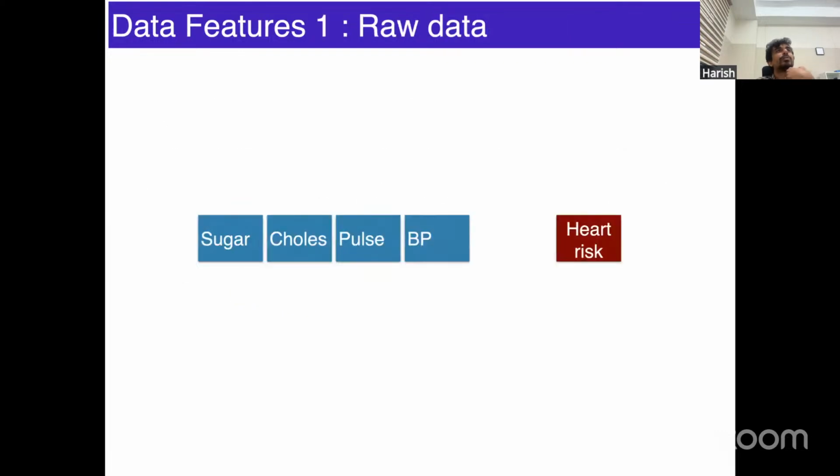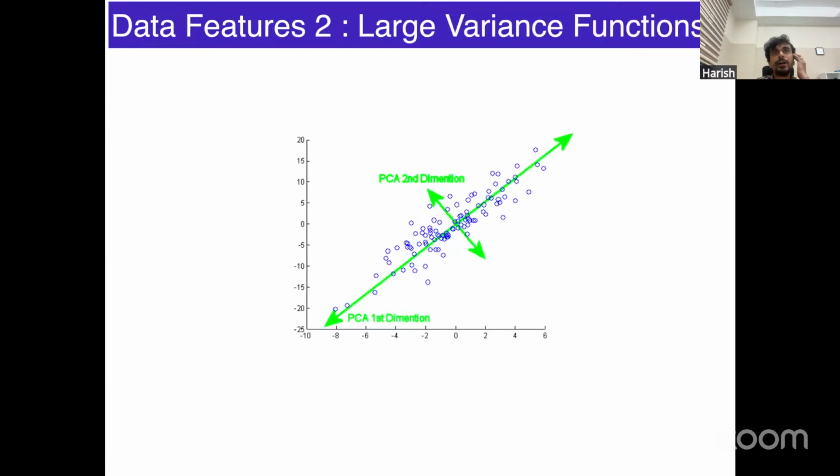Right? So the classic example for data features is just raw data. Let's say you are trying to detect heart risk from your sugar, cholesterol, pulse, and blood pressure. These numbers are the data features, and that's a very valid notion of features. Then you have, let's say, a scatter plot of data like this, in which case you can argue that the dimensions along which there is large variance correspond to data features, right?